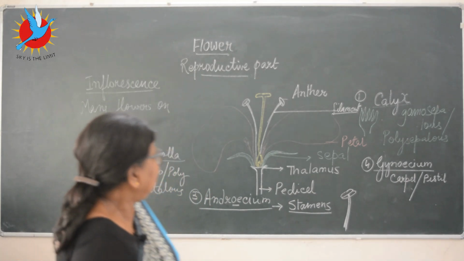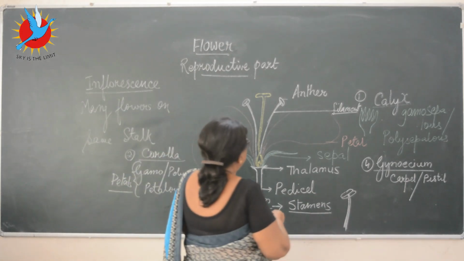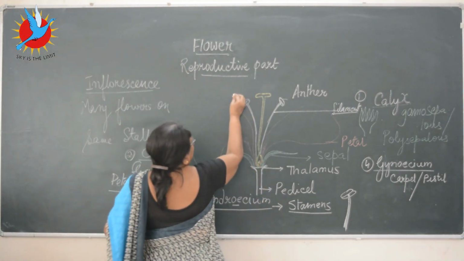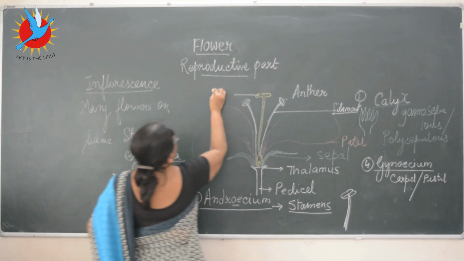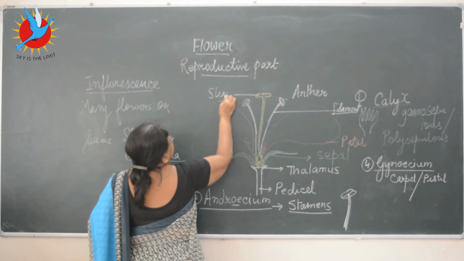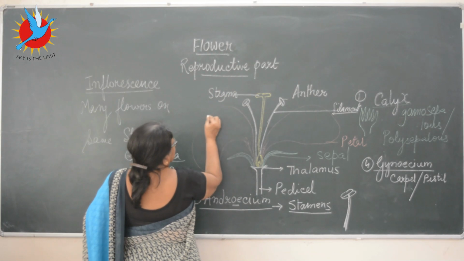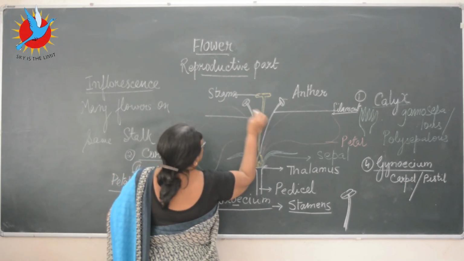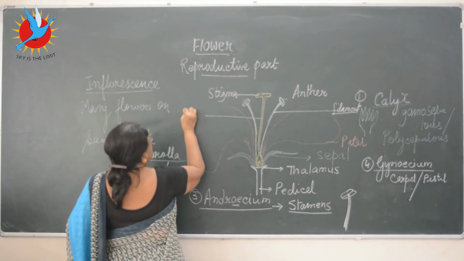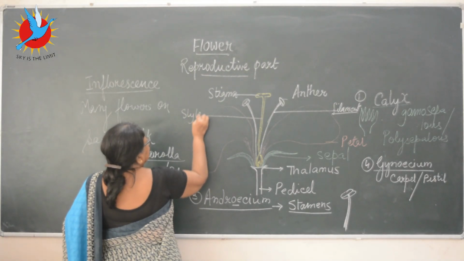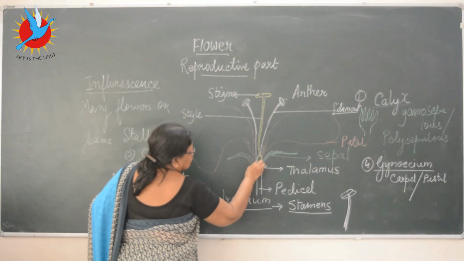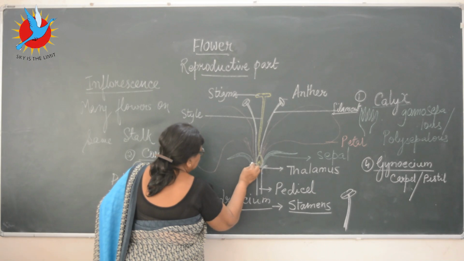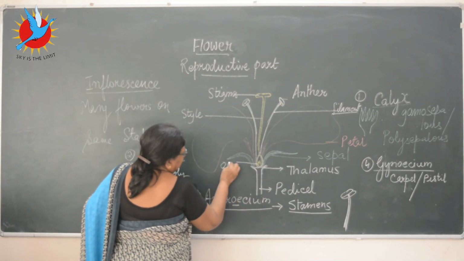So each gynoecium unit has 3 parts. What are the 3 parts? This head is called stigma. This stalk is called style. And at the base, this swollen structure is called the ovary.